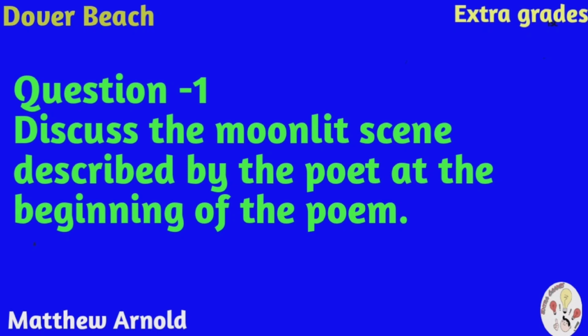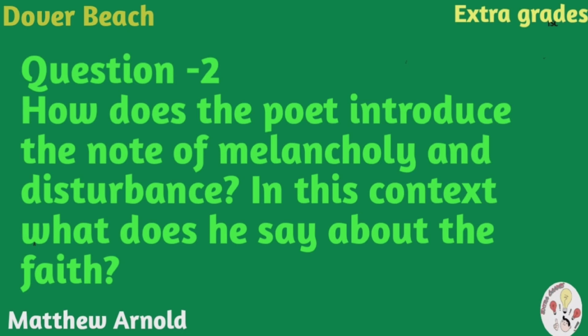Now I move towards question number 2. My question is, how does the poet introduce the note of melancholy and disturbance in this context? What does he say about faith? And the answer to this question is, from the initial moment of love, beauty and pleasure, the poet shifts towards the theme of sadness, melancholy, which means sad, and disturbance.